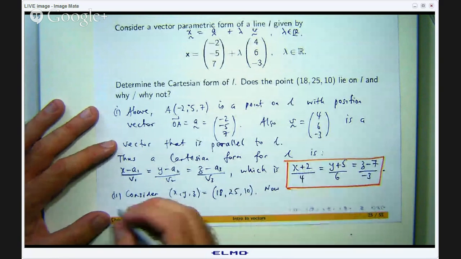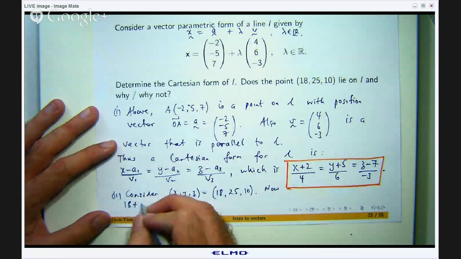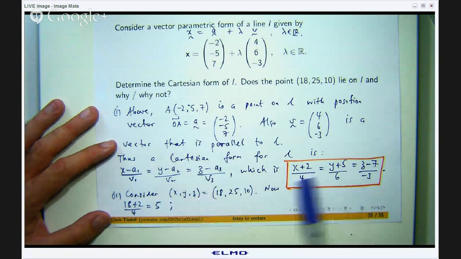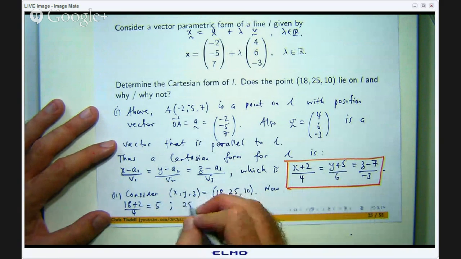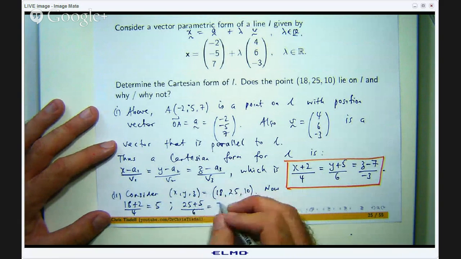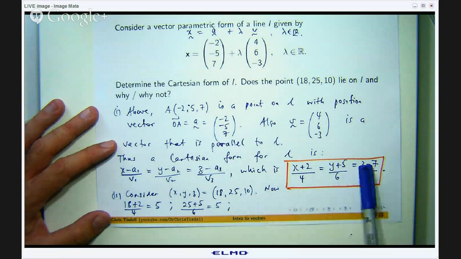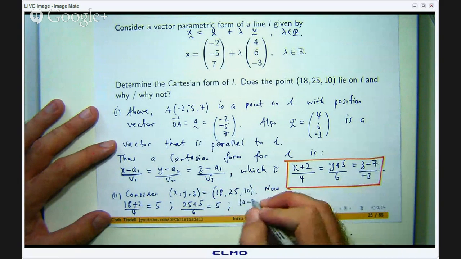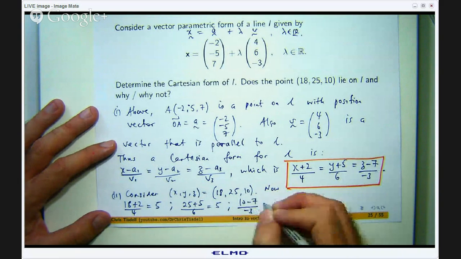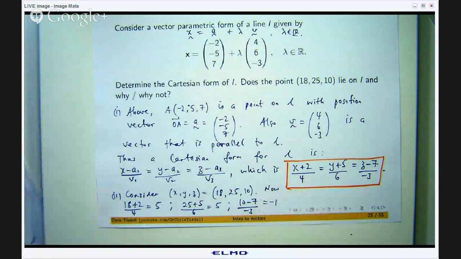So we're going to have 18 plus 2 on 4, so that'll be 5. 25 plus 5 all over 6, which is 5. Okay, so they're equal. And finally, 10 minus 7 all over negative 3. Okay, so that's going to be negative 1.